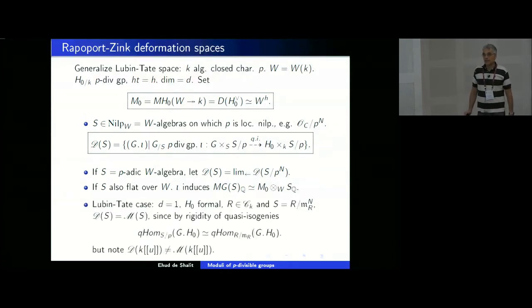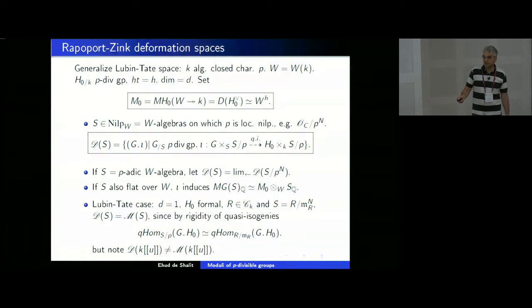Now, in the Lubin-Tate case, d was 1, H0 was formal, as I said. The test objects came from this category of complete Noetherian local rings with residue field k. But you can relate the two categories by considering S equal to R over m_R^n. And then in the Lubin-Tate case, we're considering quasi-isogenies iota over the residue field.